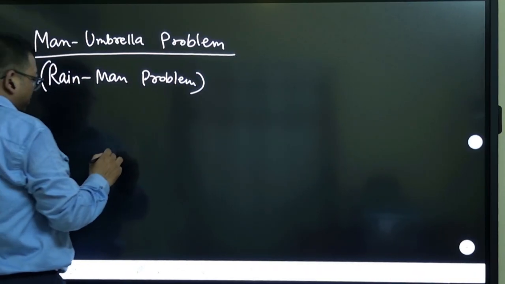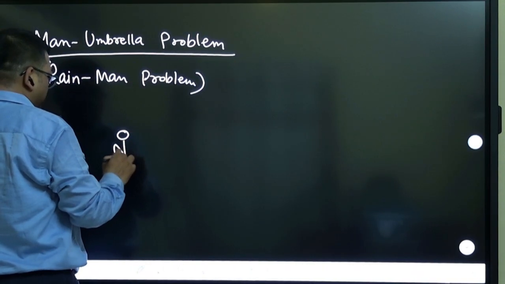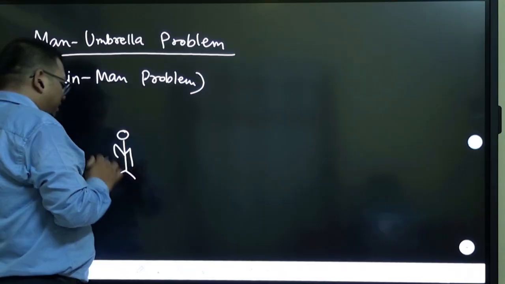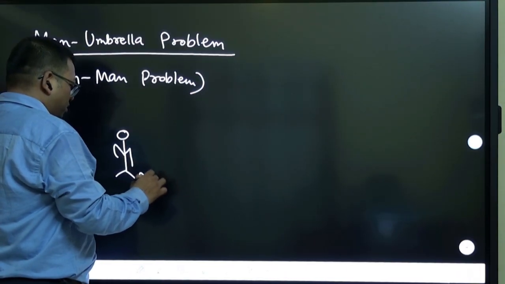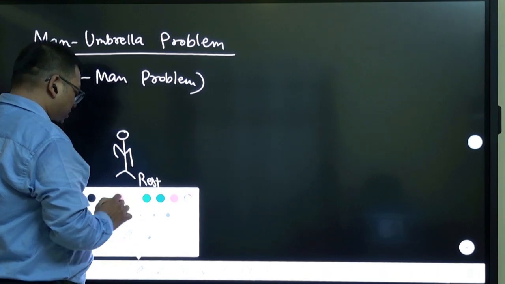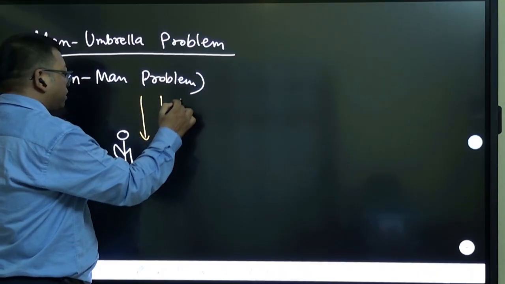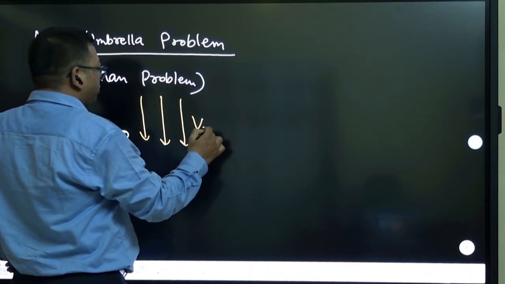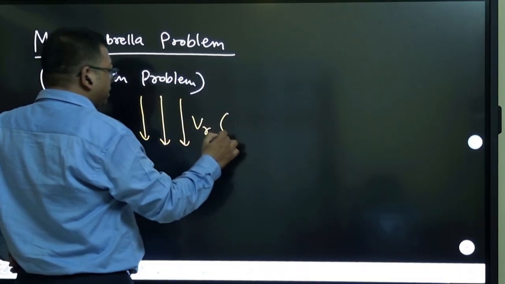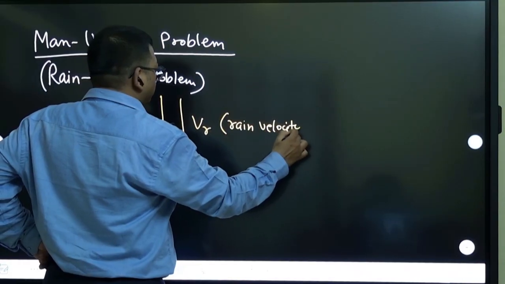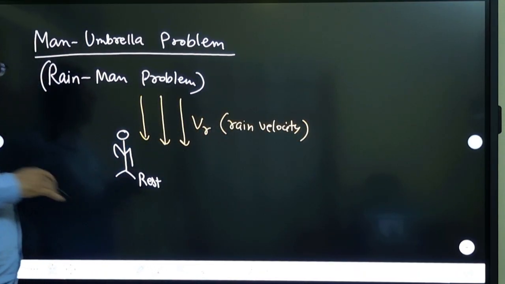So what happens is that there is a man, let us say this is a man, and this man is standing right now, at rest. And he is seeing that rain is falling downward like this. This is the velocity of rain. VR means rain velocity. So he is seeing that rain is falling downward.